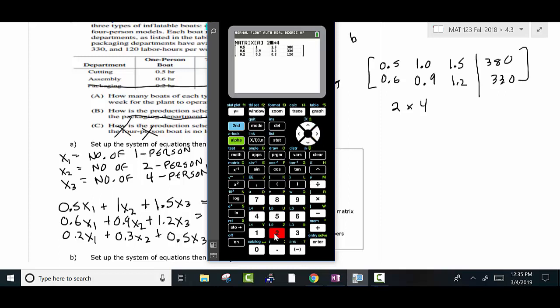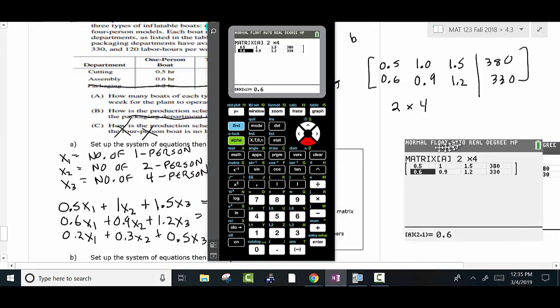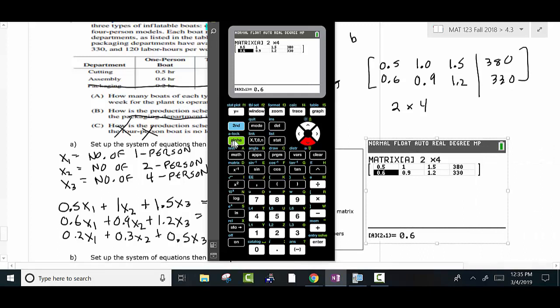So again, now what we have is 2 rows by 4 columns. And it'll size it. You're going to know if you did that right. We got 0.5, 1, 1.5, 380. And then 0.6, 0.9, 1.2, 330. If you get those numbers in, then you should just be able to do this in reduced row echelon form, and then we'll interpret what that is.